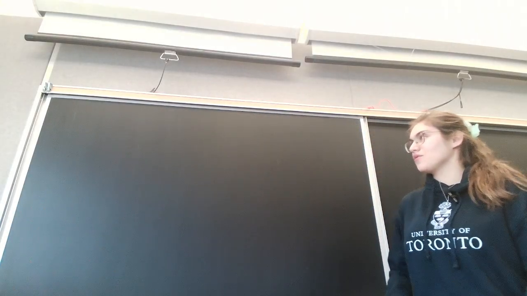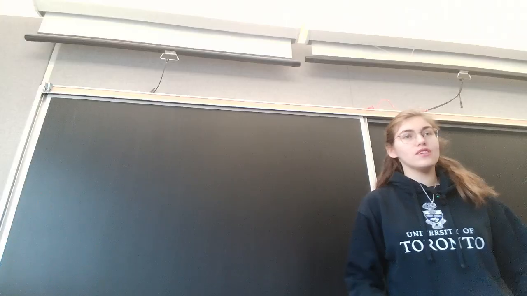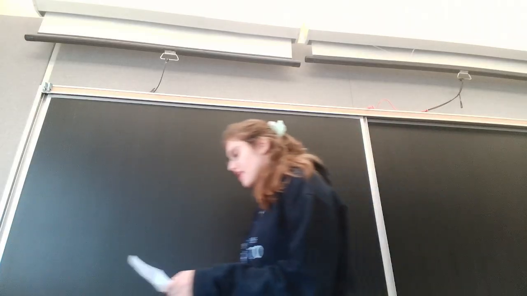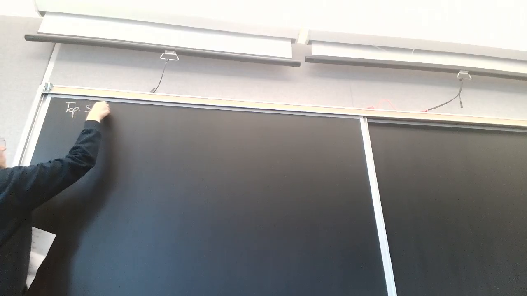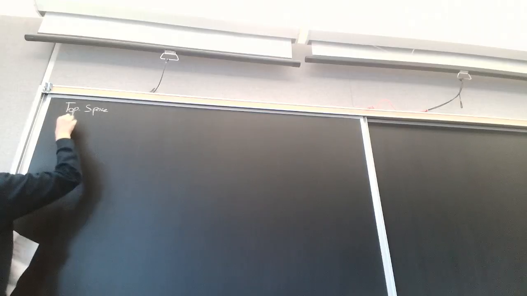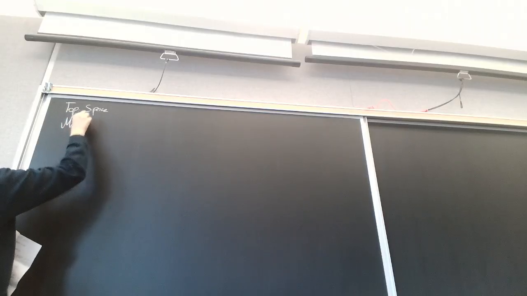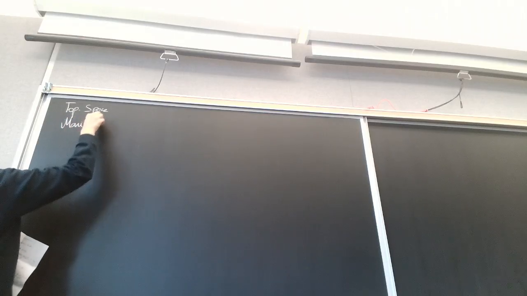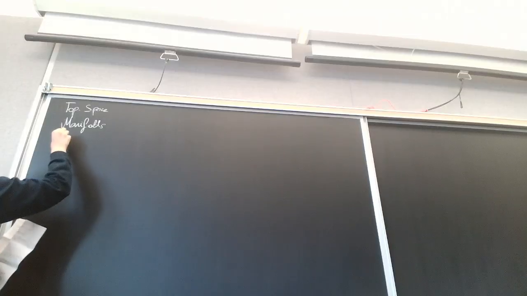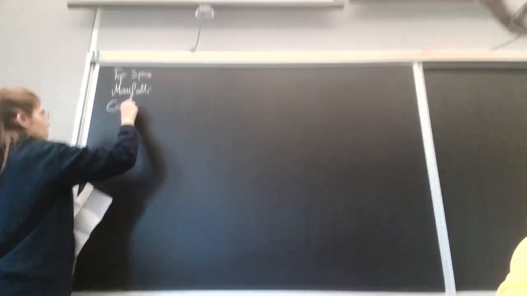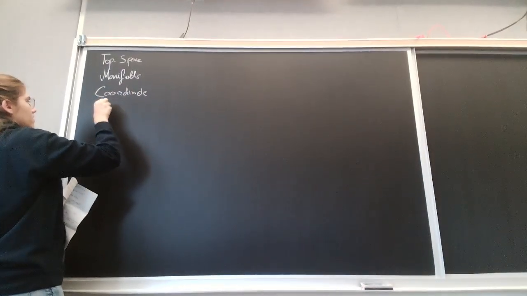Okay, so now I will go a little bit back and remind you what a topological space and what a manifold is. So here's how it will go. We'll go through topological spaces real quick, and then manifolds, just a brief review, and then we'll talk about coordinate, fiber, and vector bundles.